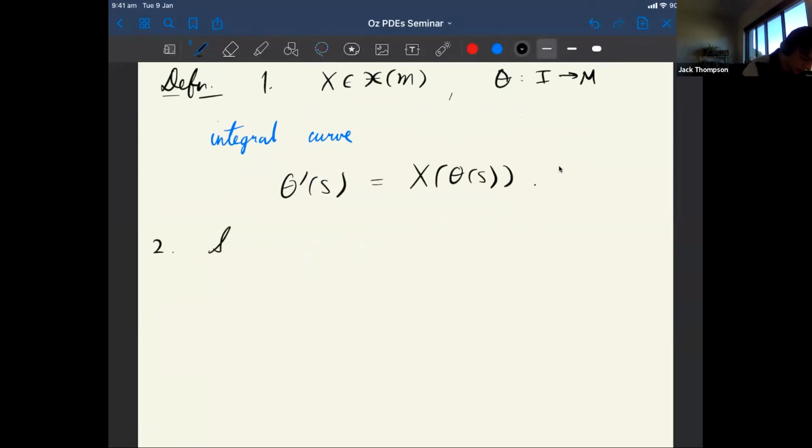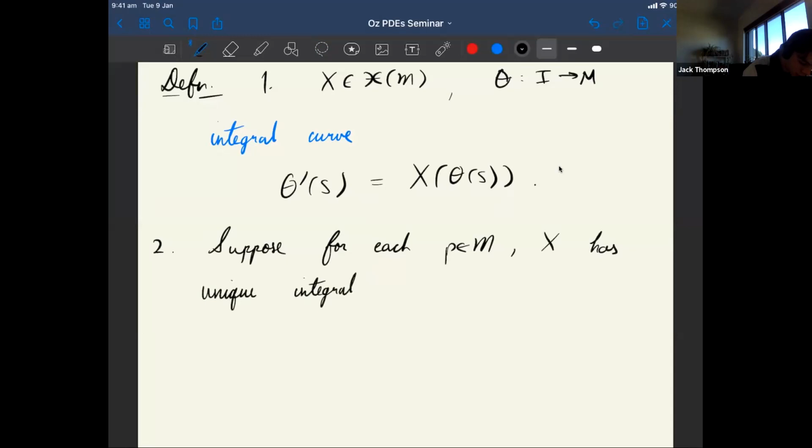Suppose for each point p in my manifold, X has a unique integral curve, and I'm going to denote it by theta with a superscript p. And just for simplicity, I'm going to assume that it's defined for all time.